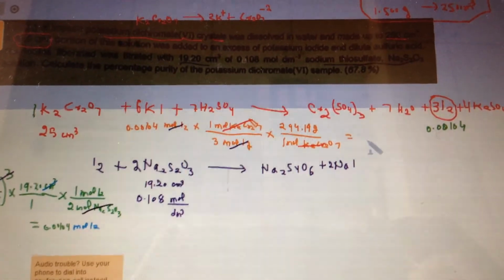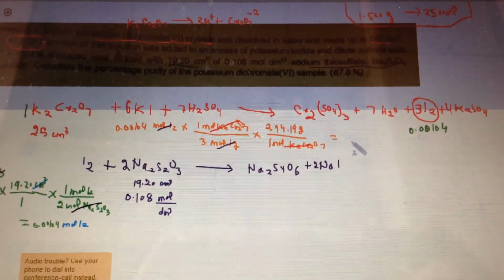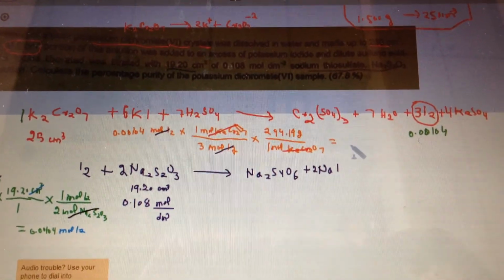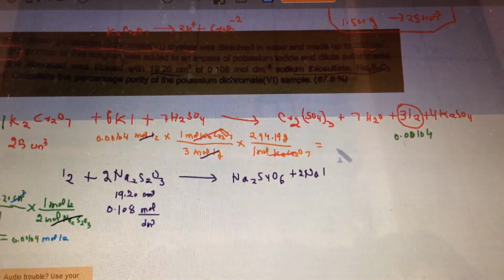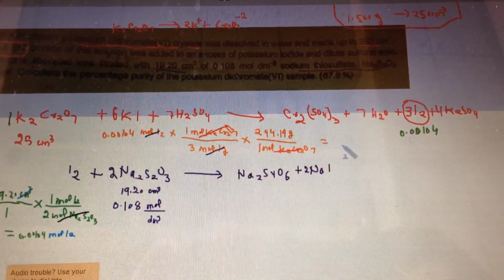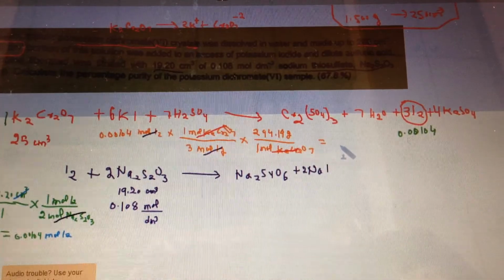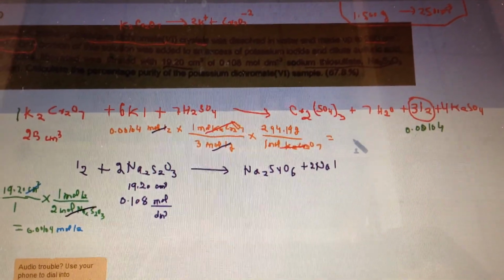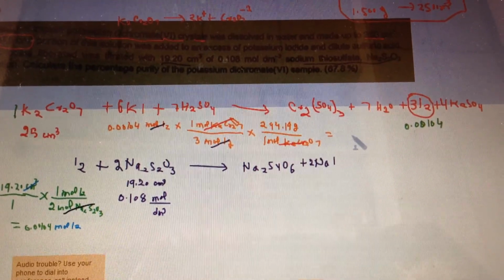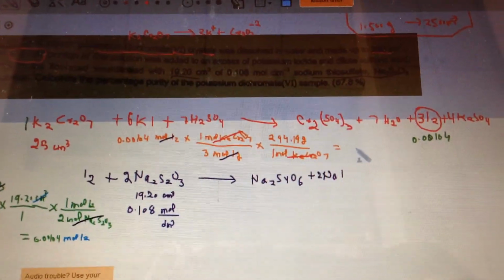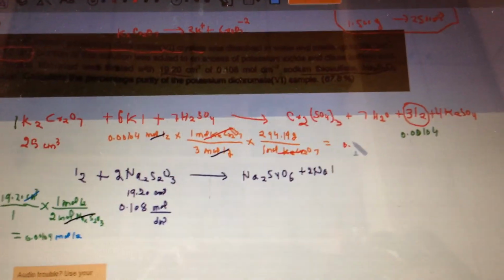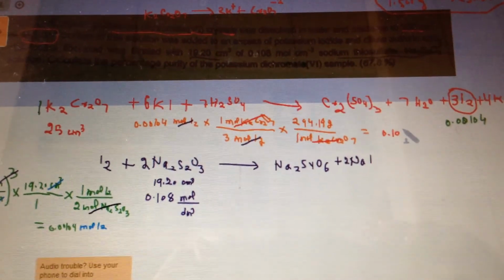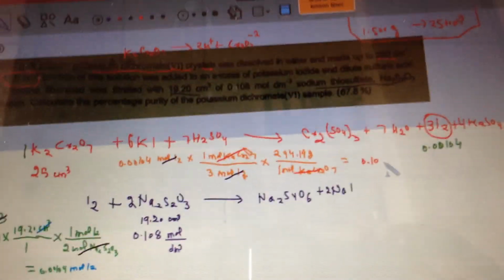And the final mass of K2Cr2O7, that's going to be 0.00104 times 294.19, and divide that by 3. So that comes out to be 0.102.